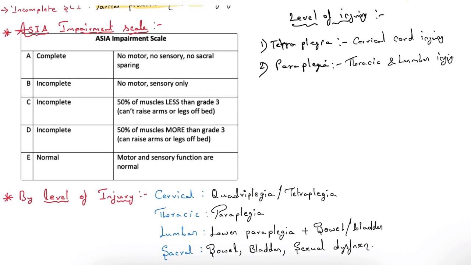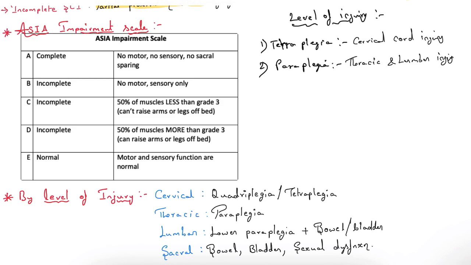Okay, next, in classification mostly we have the ASIA impairment scale. ASIA means American Spinal Injury Association. They gave one scale, so we are following that scale. Based on that scale we can easily understand how much injury happened.